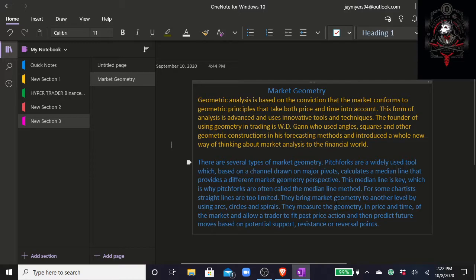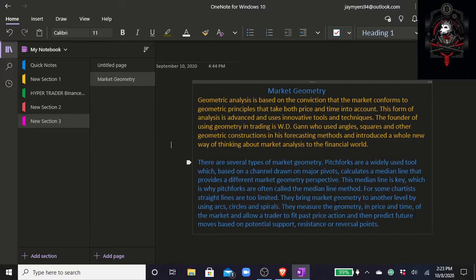So basically, in a nutshell, guys, we use channels, arcs, circles, different things, but I use the pitchfork a lot. What the pitchfork helps you do is find the same pattern that forms over a certain amount of time and just repeats itself over and over again.